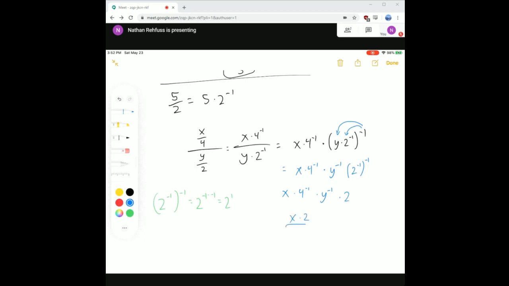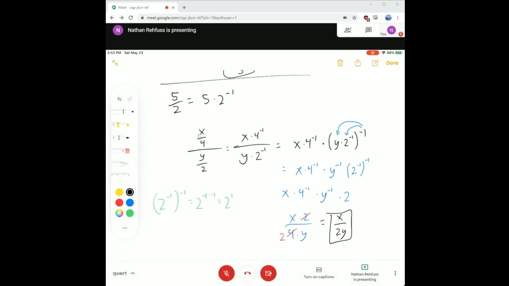These things with negative exponents live in the denominator. And I can cancel out. Since these are multiplied, my final answer is going to be x over 2y. That's a lot simpler than x fourths divided by y halves.